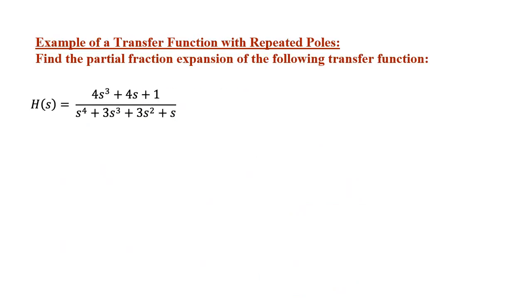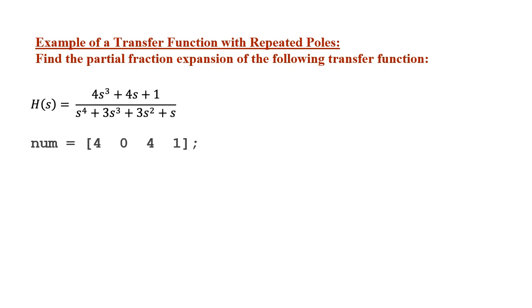So here we have an example again of a transfer function with repeated poles, and we're required to find the partial fraction expansion of it with the help of the residue command in MATLAB. So we can simply again write the numerator coefficients, which is going to be numerator is equal to 4, 0, 4, 1.